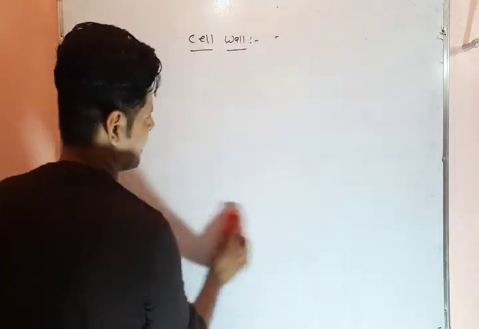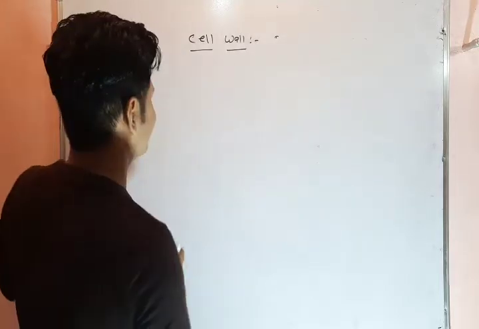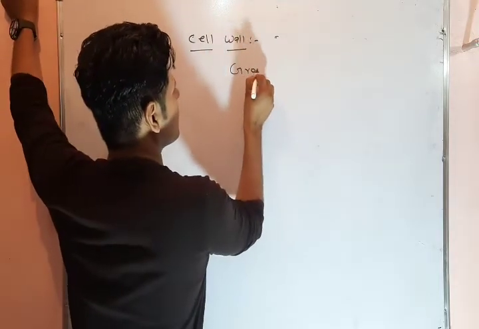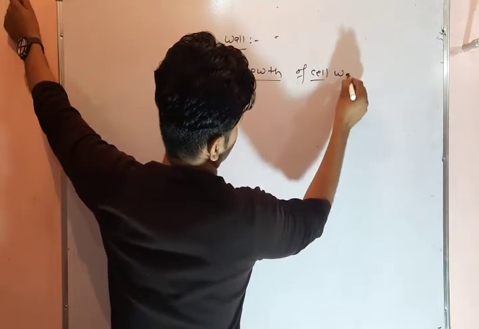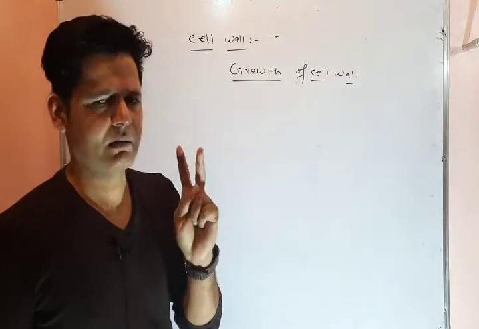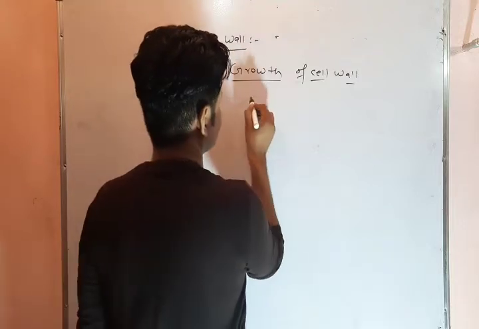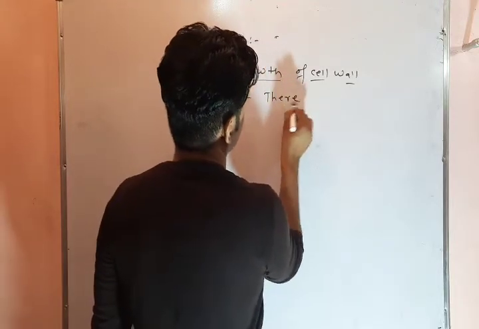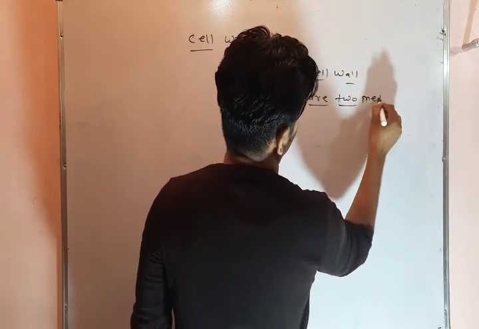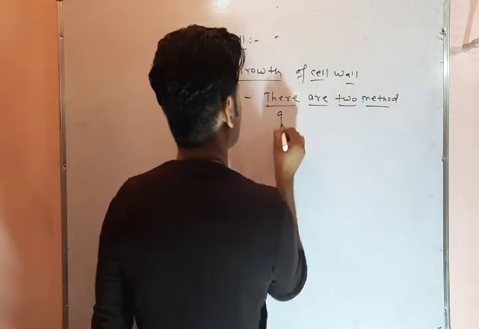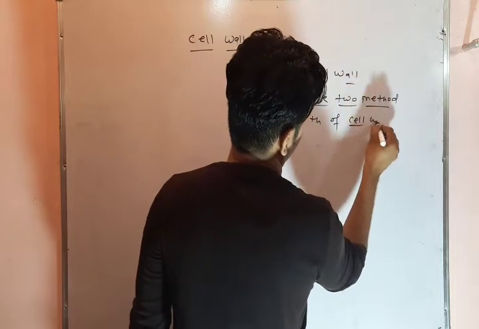Now we will see the growth of the cell wall. There are two methods for growth of the cell wall.